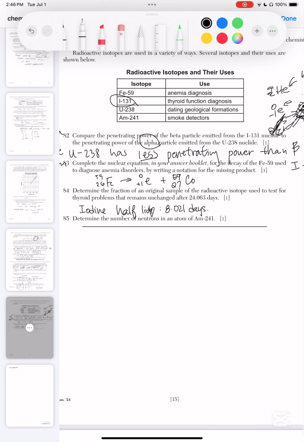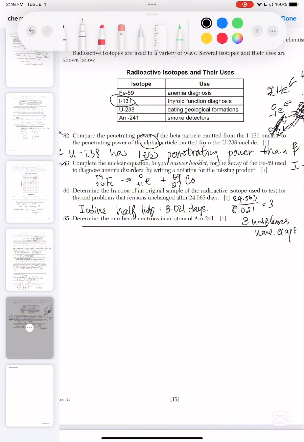So what I would do is 24.063 divided by 8.021. So that's the total amount of time divided by the half-life time, right? So that should give you the number of half-lives, so that's 3.